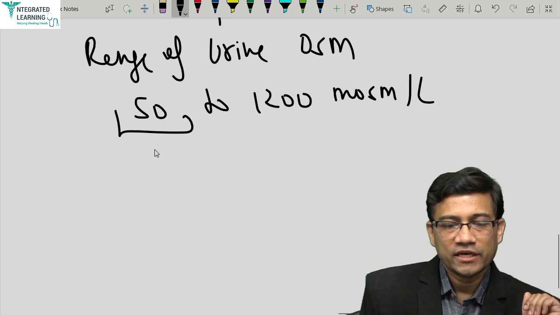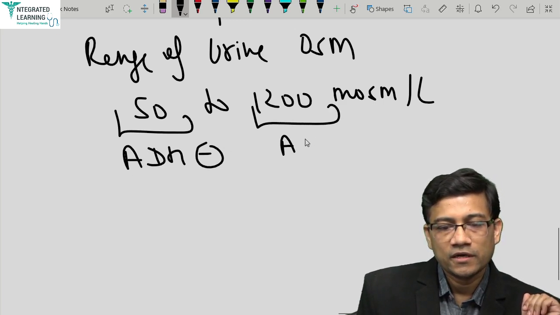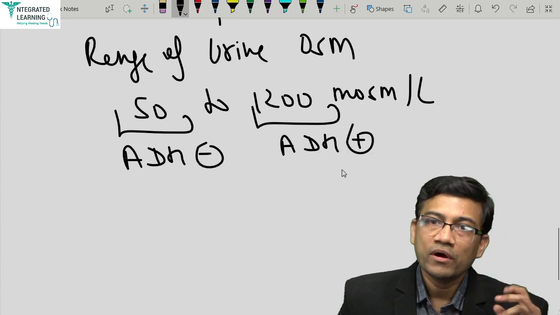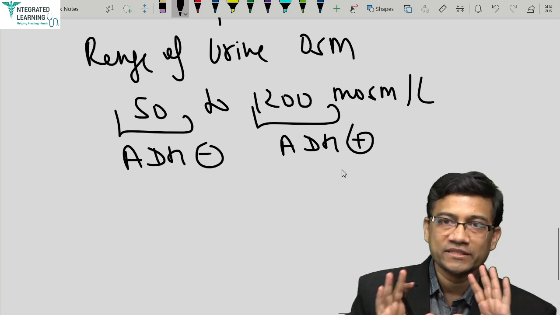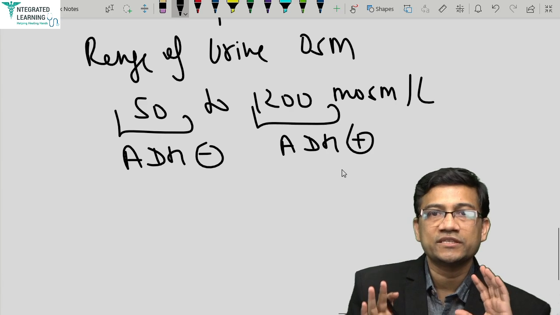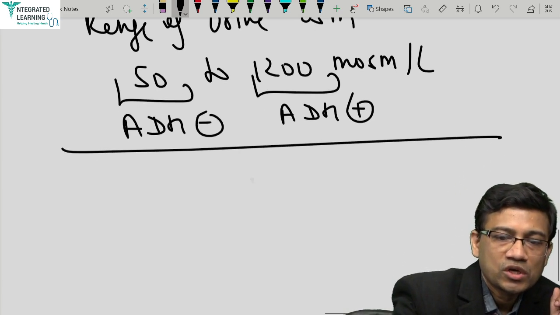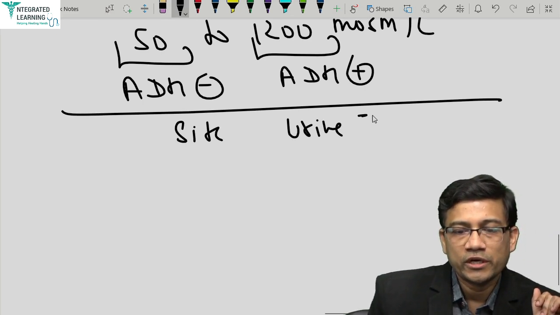Mainly ADH. Here ADH is absent, here ADH is present. So who decides hyper or hypo? ADH and also medulla. So that is why it depends on ADH. Medulla is there, counter current system, but ADH is deciding the value. Okay. So last line you can just add site and urine osmolarity, site, urine tonicity.